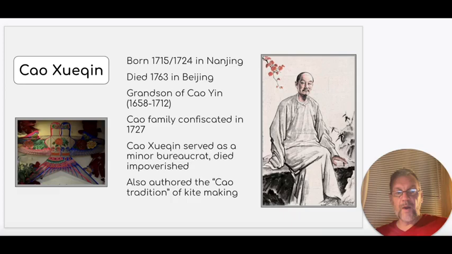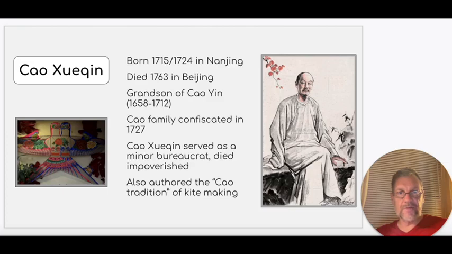So the way I think might be most helpful to introduce the novel through its history is through the figure of Cao Xueqin. And you can do this with any of the novels, but particularly with the case of Cao Xueqin.